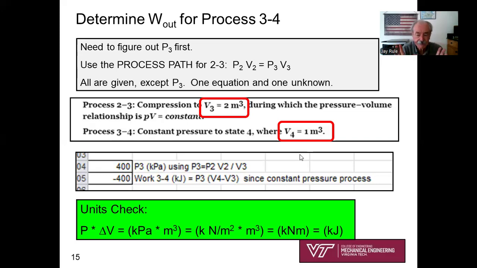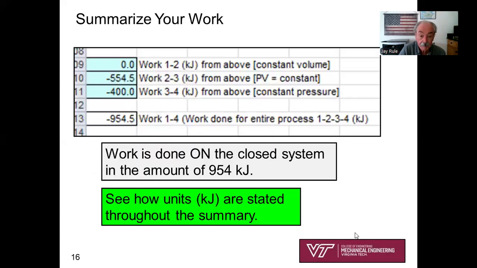And just for completeness, in illustrating a worked out problem, let's do a unit check on P times delta V. P, kPa. Delta V, cubic meters. Let's write out what a kPa is: a kilonewton per square meter, times cubic meters. Got some cancellation here, kilonewton meters. Sure enough, P delta V has units of kilojoules.